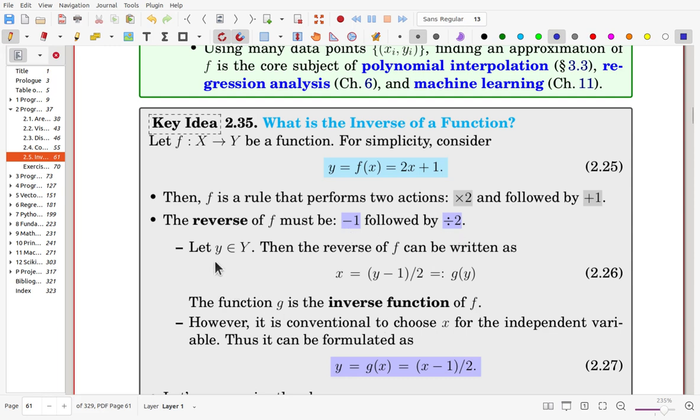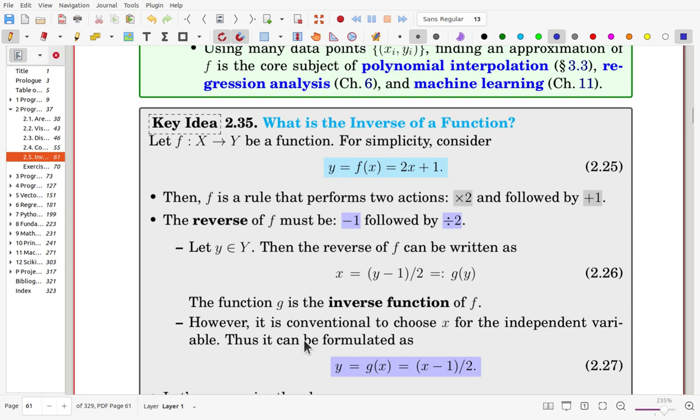So if we start from y, then the reverse of f can be written this way: subtract 1 and divide by 2. If we call this g of y, then g of y is the inverse function of f.